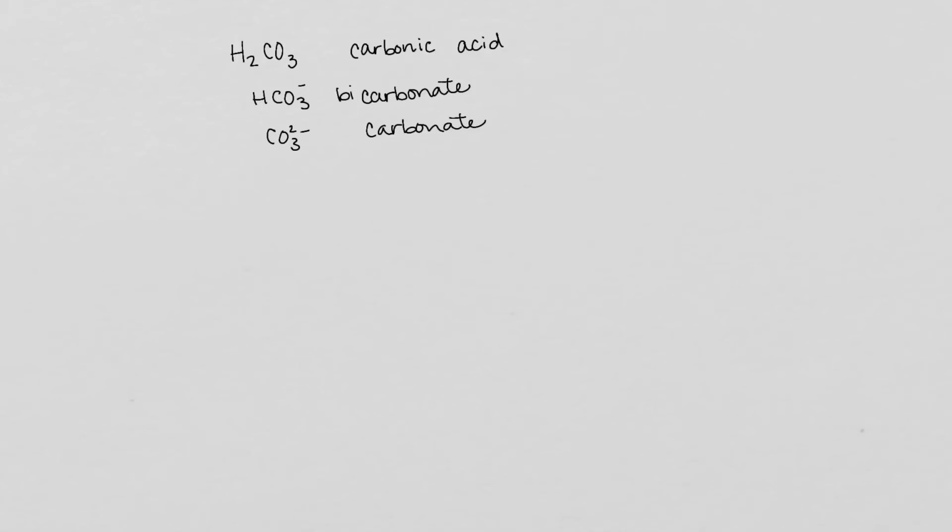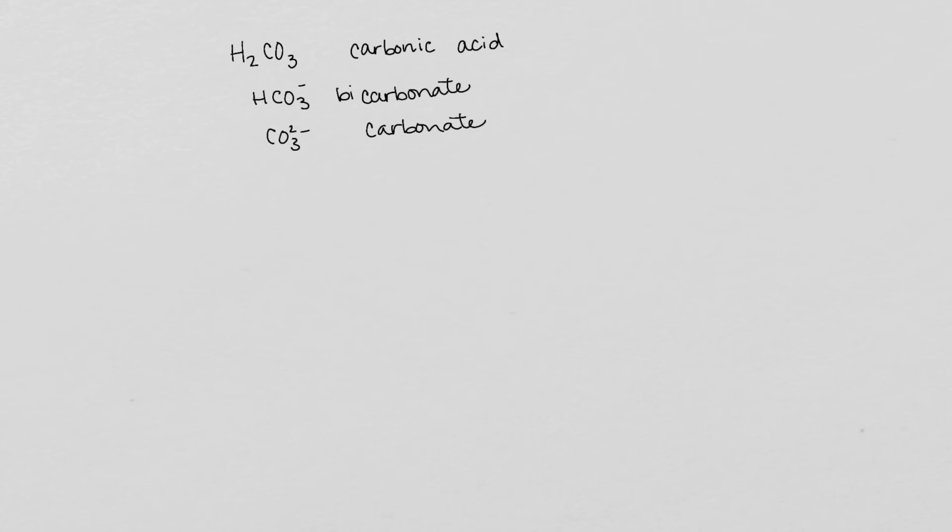So here's an example problem. We're going to look at carbonic acid. And I have sketched these here just so we can keep our vocabulary straight. Carbonic acid is a diprotic acid, so it counts as polyprotic. It has two hydrogens that are both acidic, and the first hydrogen dissociates to bicarbonate, and then this is lost to become carbonate.